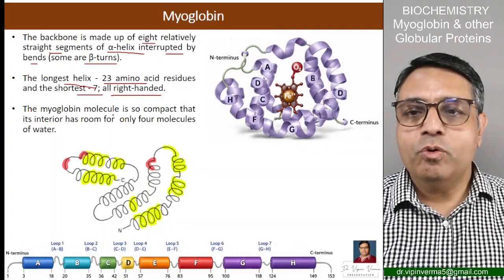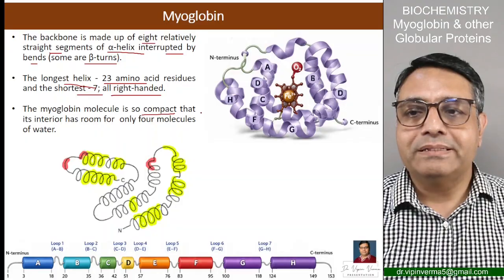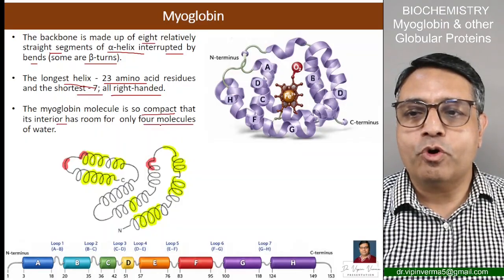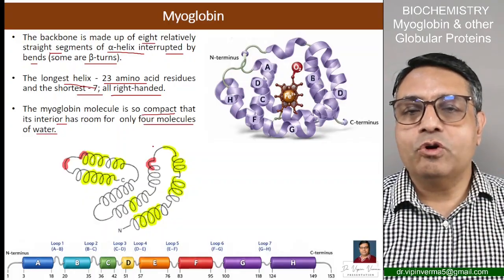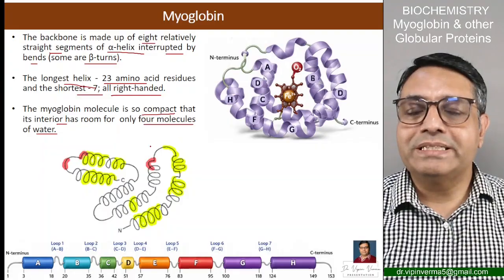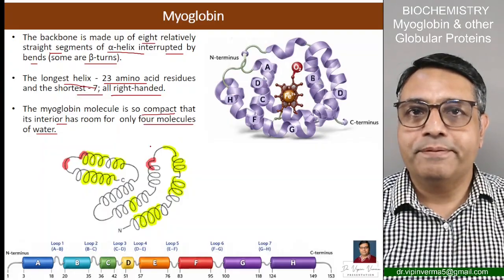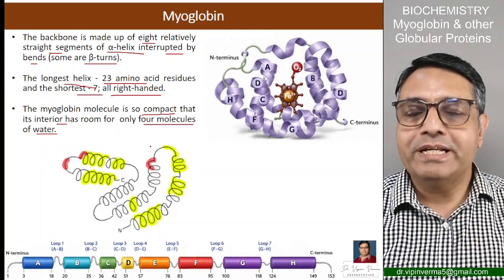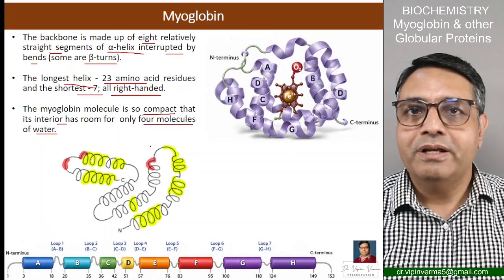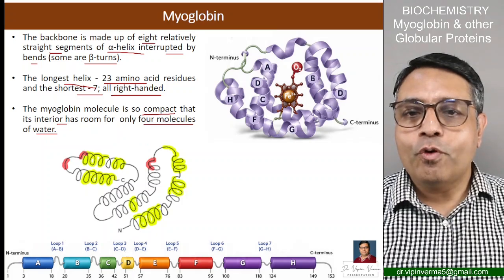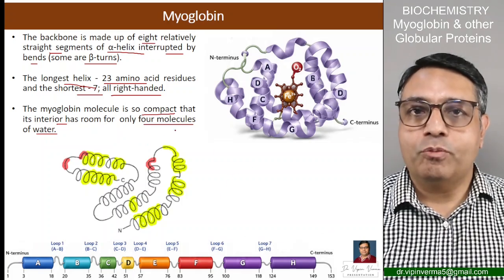Now the myoglobin molecule is so compact that its interior has room only for 4 molecules of water. And that's why this is a globular protein, and all the globular proteins are highly compactly folded. This is also folded in such a manner that the space inside the center is very, very small, where only 4 molecules of water can be accommodated.